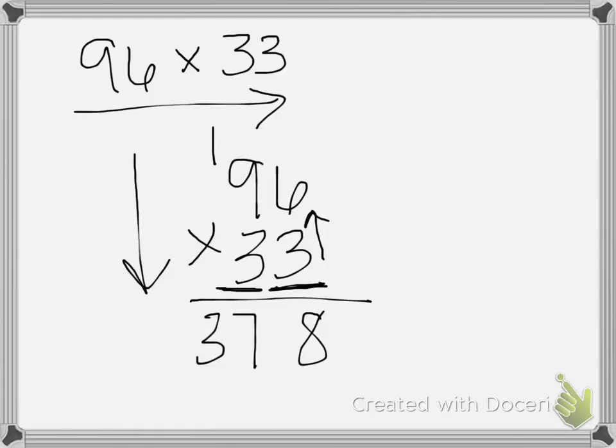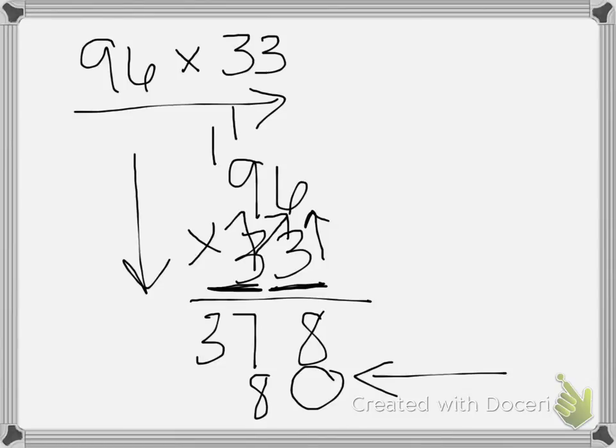So now I need to move to the tens spot, that 3. So now I need to drop down, add my magic 0. This 3 times 6 is 18. Put the 1 up there. 9 times 3 is 27.